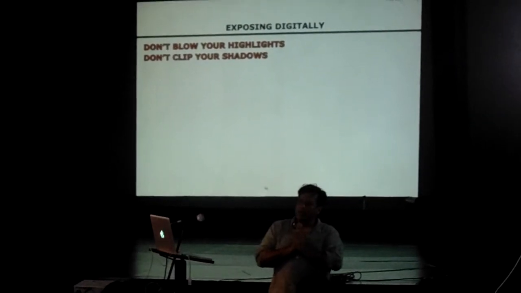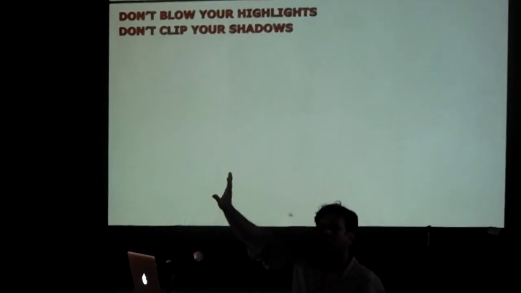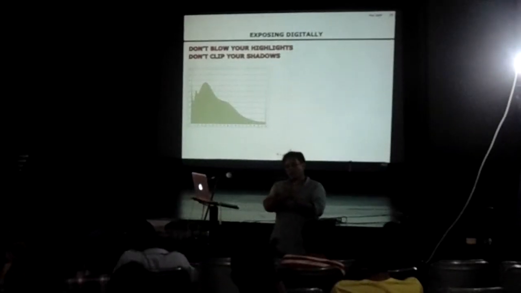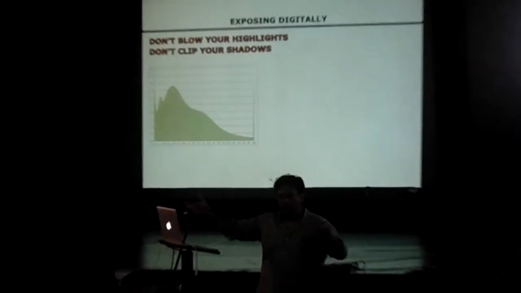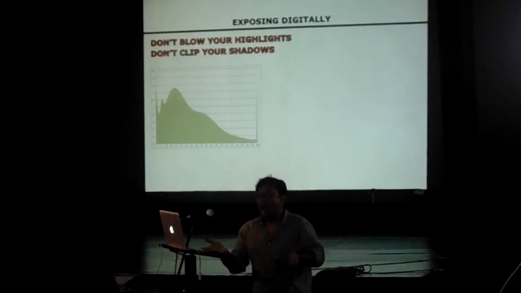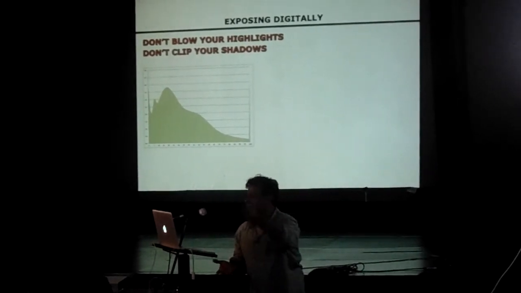So remember what we said is that the whole trick is that you don't blow your highlights and don't clip your shadows. How do you do it? Let's say you look at a histogram. The histogram is between 0 and 100, a scale of the amount of signal you get from your camera. How much of the scene has a value of 100? How much has a value of 50?